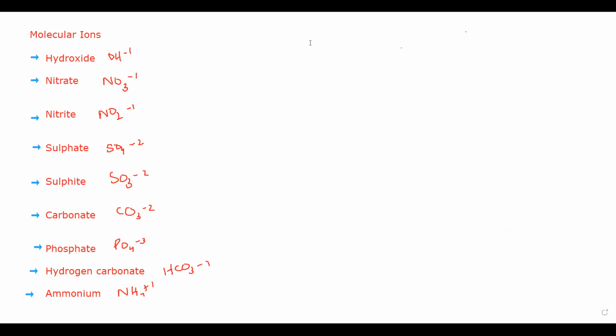If I say I want to write a formula for aluminium sulfide, because IDE is there, it means they're asking for the sulfur element and the element aluminium. So what we have to do, we have to check the valency from the periodic table.